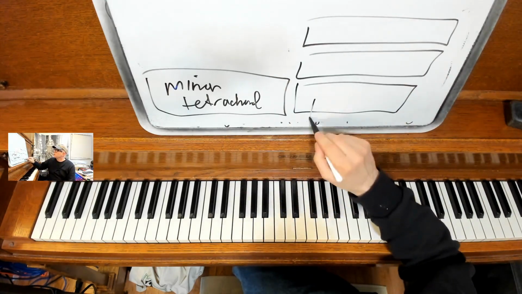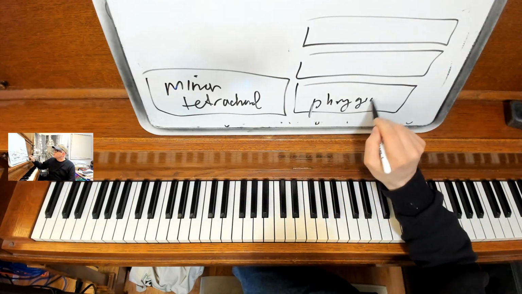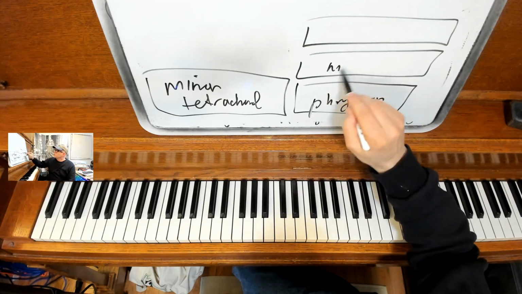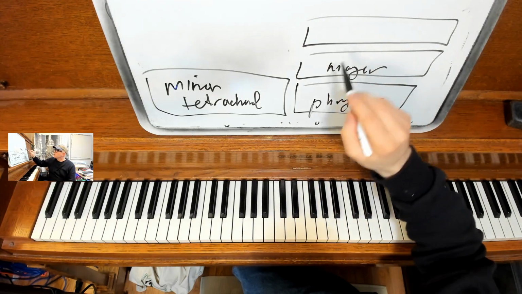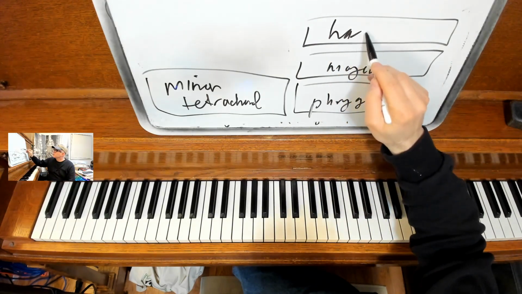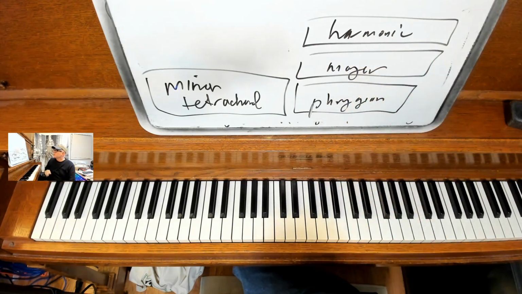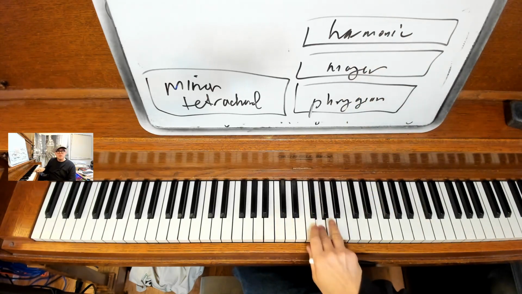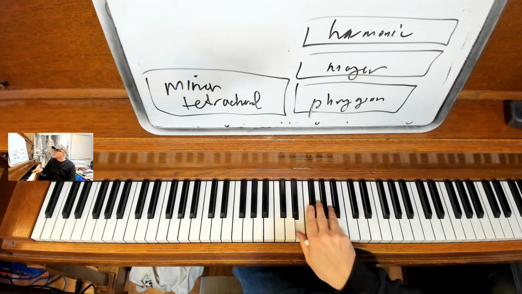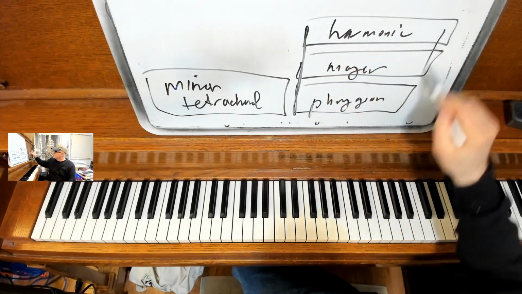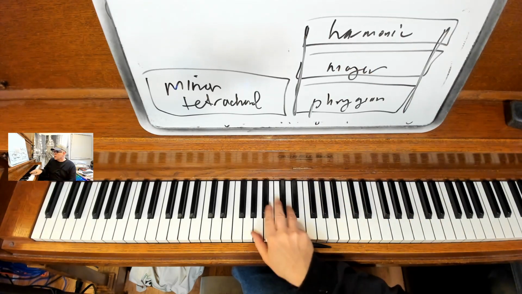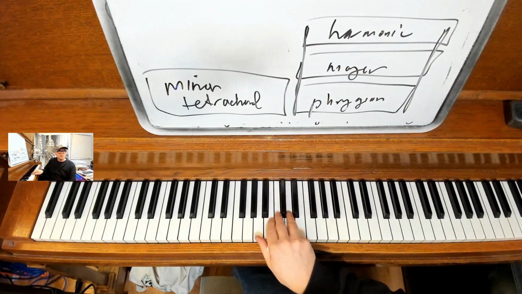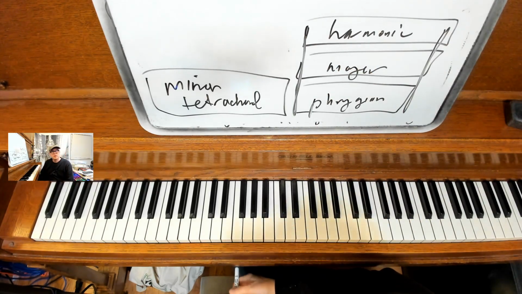So you slap on the Phrygian or the major or we're going to call that harmonic, but they all have the lower and upper notes of the tetrachord in common, and that's your minor one down there, okay?